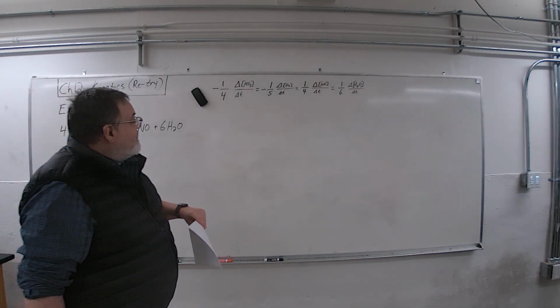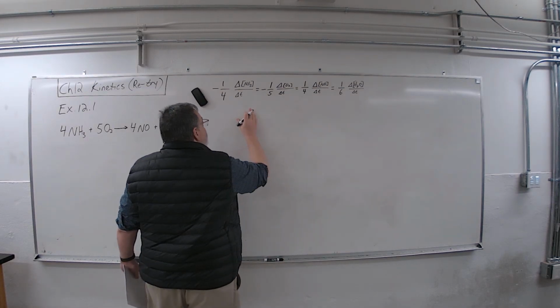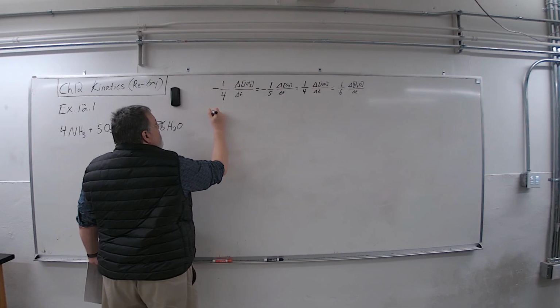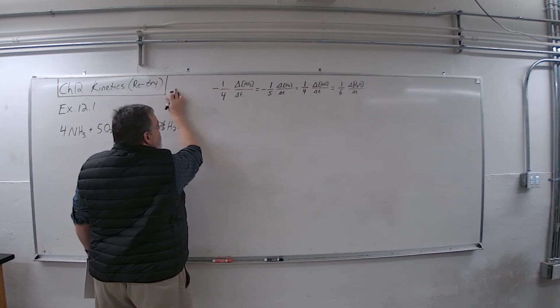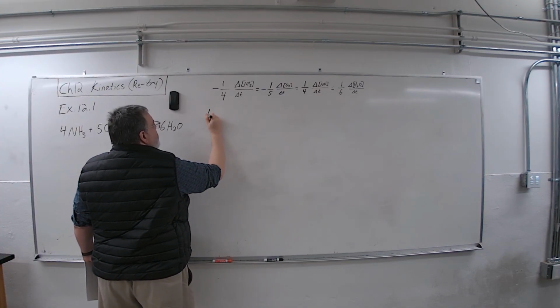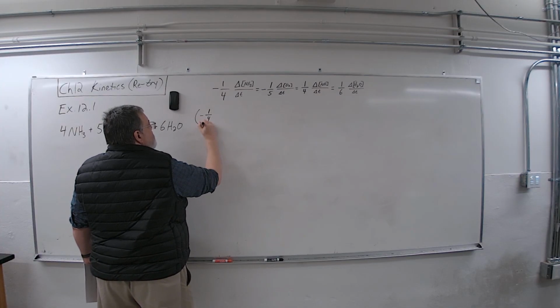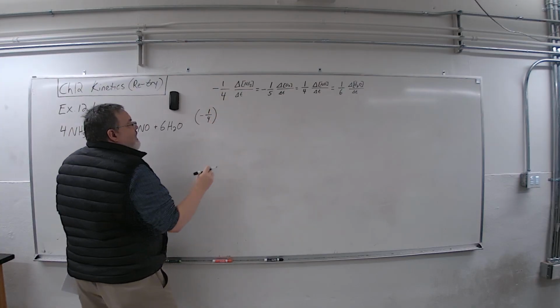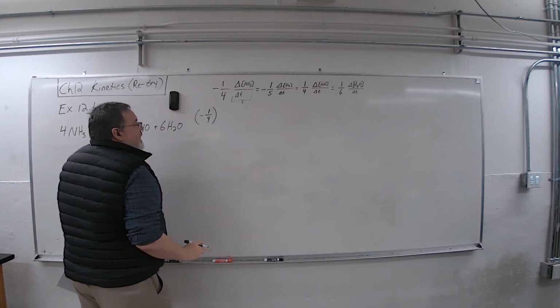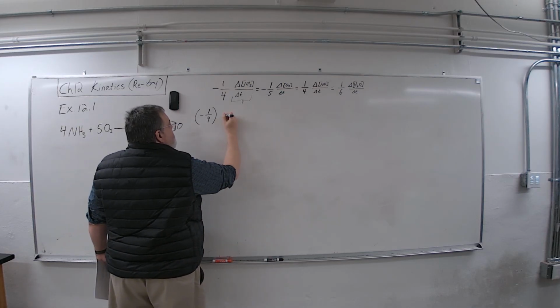But let me tell you that I think this is easier to work with. If you do it like this, I'm going to bring the -1/4 over a little bit. -1/4. I think I'll just put it in parentheses. This part, I would tell you to write it like this.